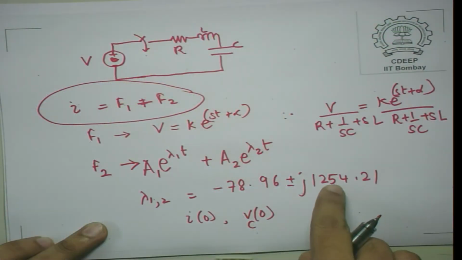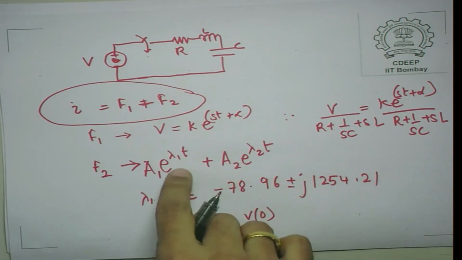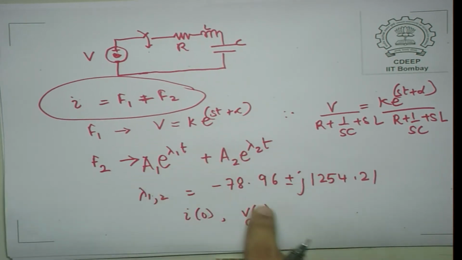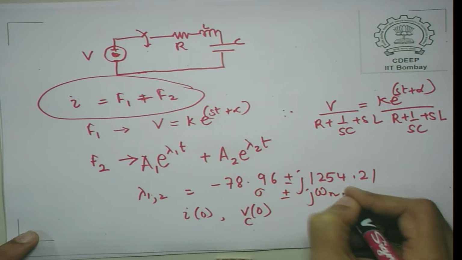So, what you effectively see is that because this is a complex number, you will find that the combination of these two, lambda 1 and lambda 2, which are complex conjugate pairs, will result in fact in a damped sinusoid, because this is like sigma plus or minus j omega n.